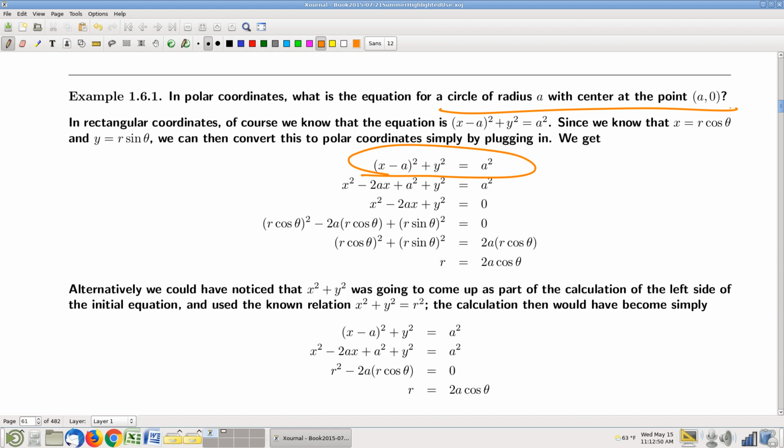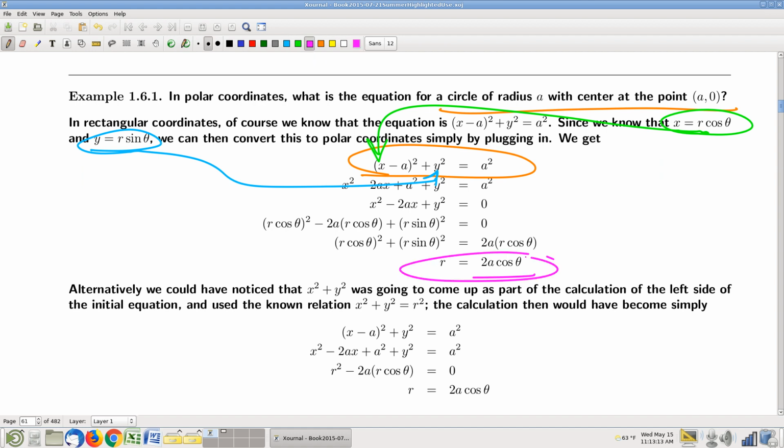It's no big deal at all. You just plug in x equals r cosine theta, and you just plug in y equals r sine theta, and off you go, and simplify. Note that the result is another equation, but this one is in polar coordinates. Instead of y and x related by algebra, this is now r and theta related by algebra.